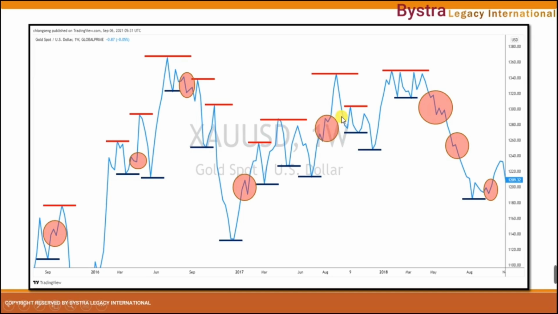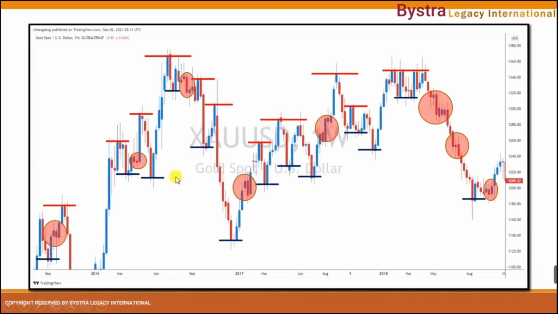For example, here this is a rally base rally, rally base rally, drop base drop, rally base rally, rally base rally, drop base drop, drop base drop, and so on, guys.